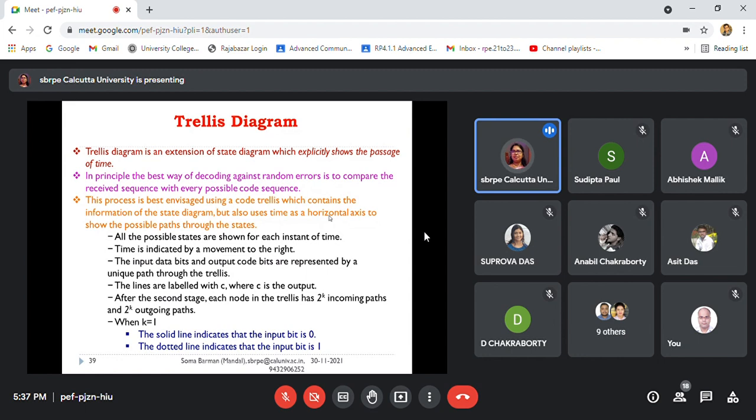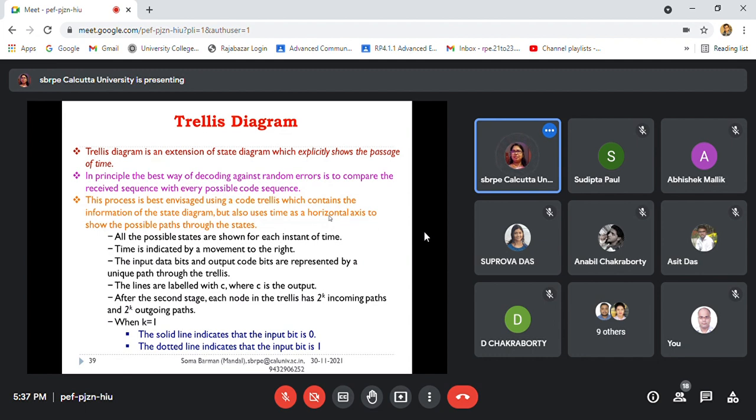When we go for turbo code or TCM, that is trellis coded modulation, all these things will be based on the trellis diagram. So trellis diagram, state diagram, tree diagram are the different types of representation of the convolution coding techniques.